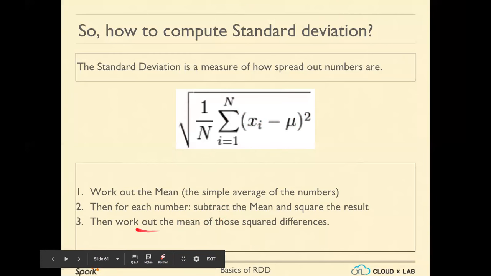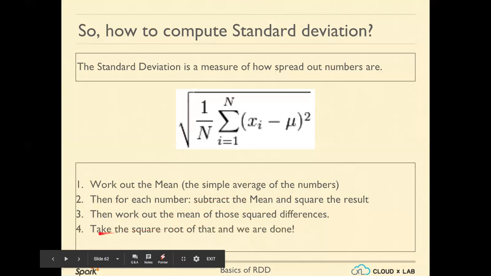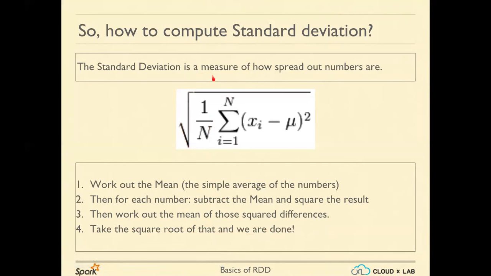And then we work out the mean of those squared differences, meaning we'll sum it up and divide by the count. Then take the square root of that and we are done. Since this part involves only one value, dividing by n and square rooting, it can be done locally, while the other part should be done using multiple machines if your numbers are, say, billions.